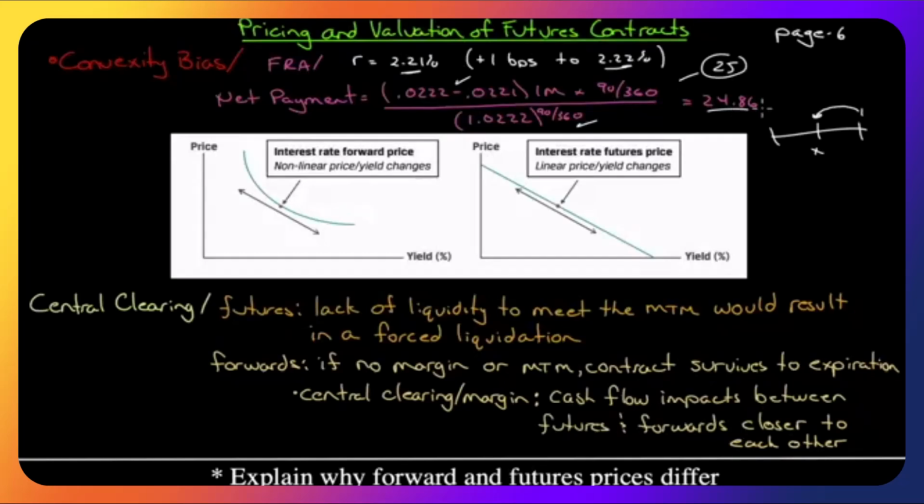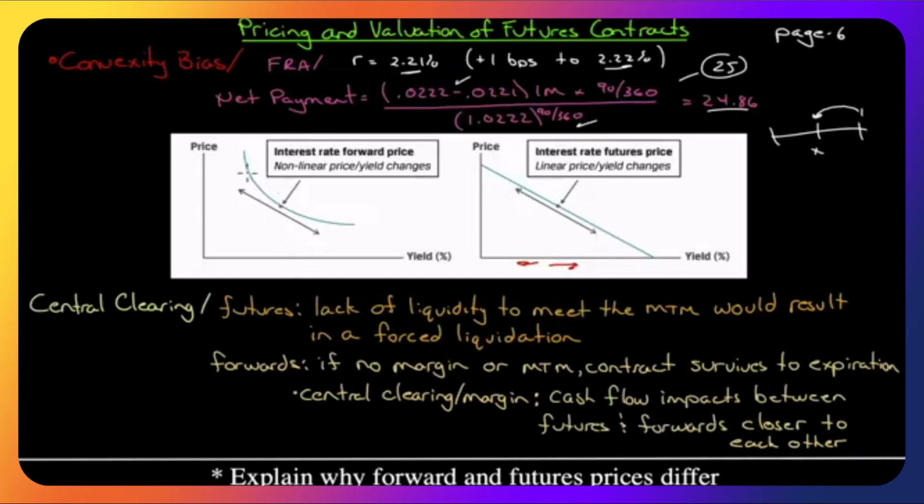There is a difference. We mark to market the futures price, but for a forward, it is just the present value. It is whatever the current rate is minus the present value of whatever the payoff is. So we end up with this sort of relationship here between price and yield. As the yield changes, we have a linear relationship on interest rate futures.